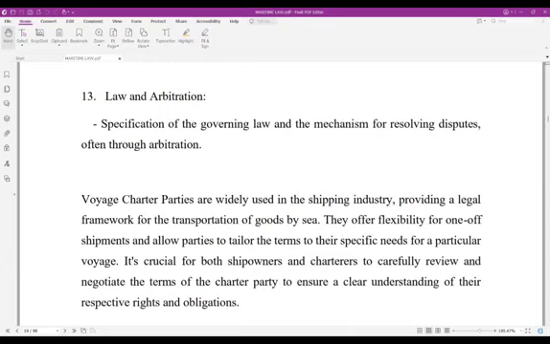As rightly said, voyage charter parties are widely used in the shipping industry, providing a legal framework for the transportation of goods by sea. They offer flexibility for one-off shipments and allow parties to tailor their terms to their specific needs for a particular voyage.